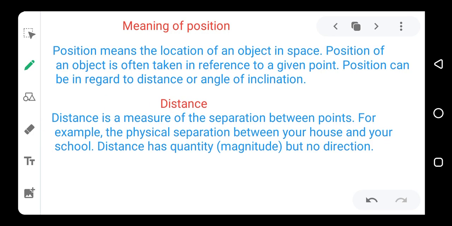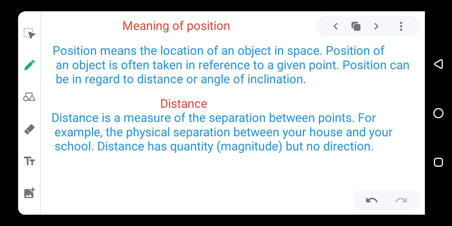We said that the position of a body means the location of the object in space, and that the position of an object is always taken in reference to another point. Distance means the separation between 2 points, and distance has magnitude but does not have any direction, which means that distance is a scalar quantity. A quantity that has magnitude without direction is a scalar quantity.